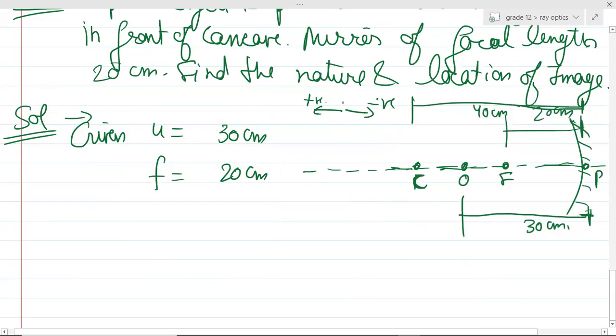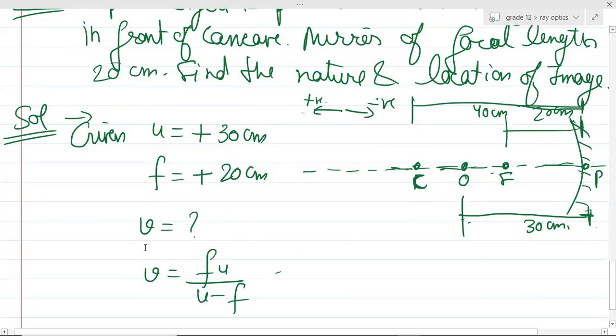So can you see over here the object is placed towards the left? Since the object is towards the left, and left you have chosen as positive, hence plus. Can you see the focal length is lying towards the left, and left you have chosen as positive, so hence plus. Are you getting my point, guys? Yes, sir. So focal length is plus 20, u is plus 30, and you need to find v. The v is equal to f into u upon u minus f.